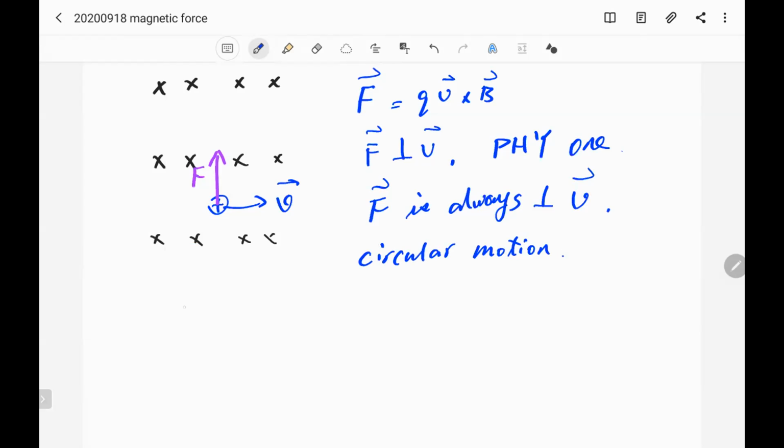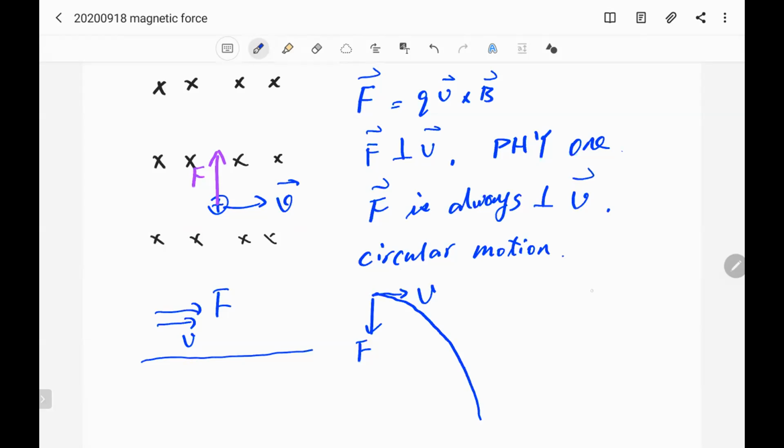If the force is always parallel to the velocity, then the motion is a linear motion. If the force is a constant, goes down, and at the beginning the velocity is perpendicular to the force, but during the motion the force doesn't change direction, then you have a projectile motion, something like this, right?